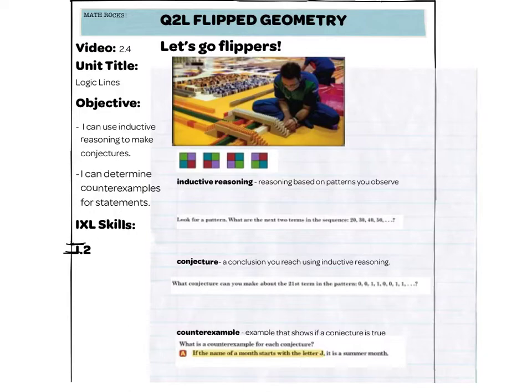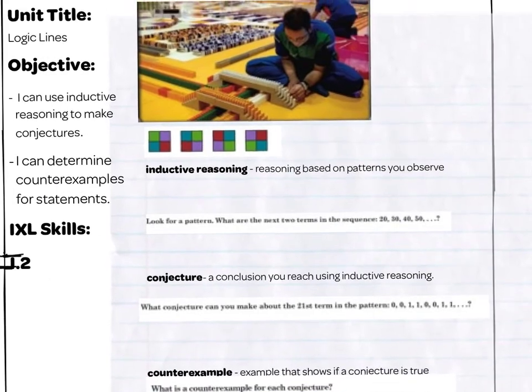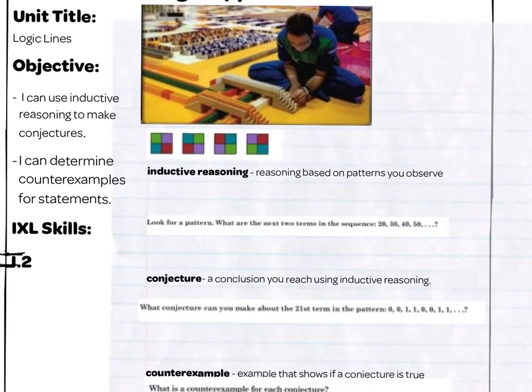The first thing we want to talk about today is inductive reasoning. If I were to ask you to look at this first picture, it's a box with 4 smaller boxes inside of it in different colors: green, blue, red, purple. The next box is blue, red, purple, green.